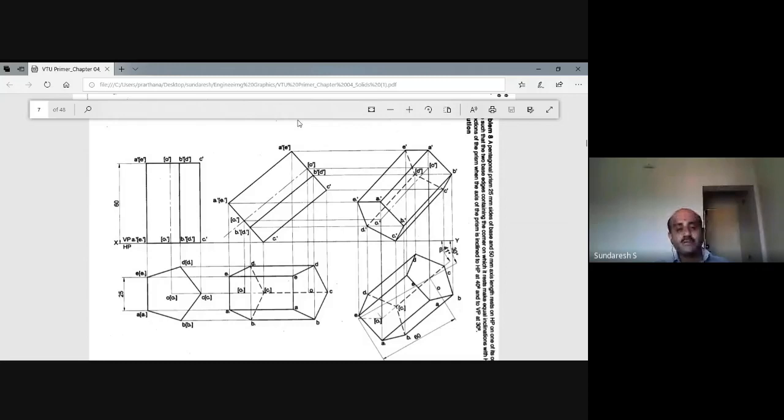Okay. So next comes, which are the points which are away from the observer? Second important thing: the most important point is the base corner which is resting on HP, which is away from the observer. I think in the last classes I might have explained.